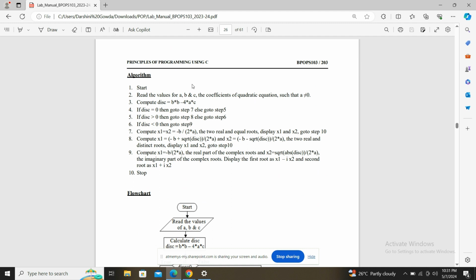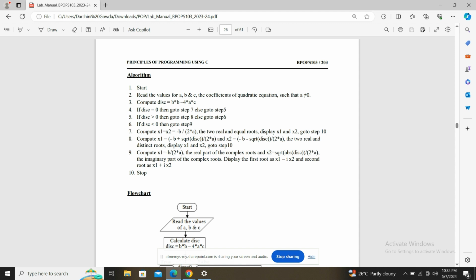In the third step, we compute the discriminant value to find the nature of the roots. If the discriminant value is 0, then we go to step 7, else go to step 5.